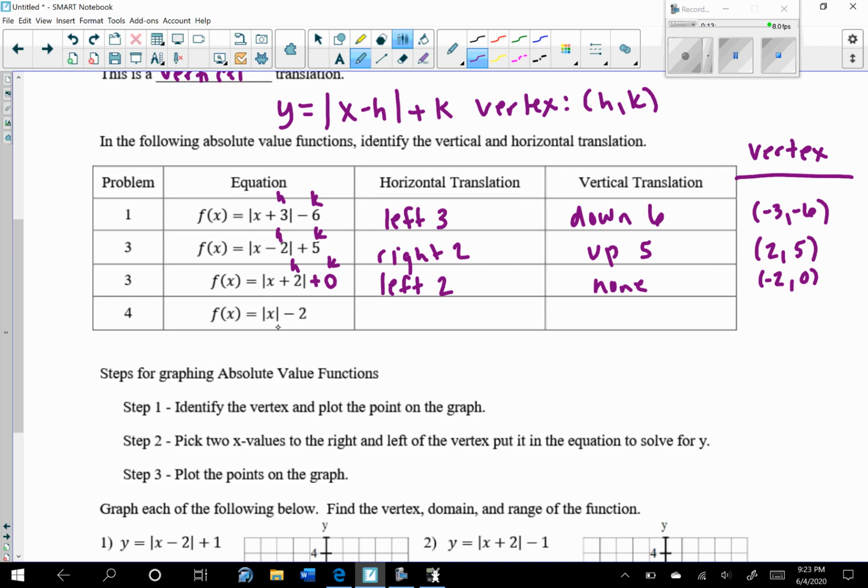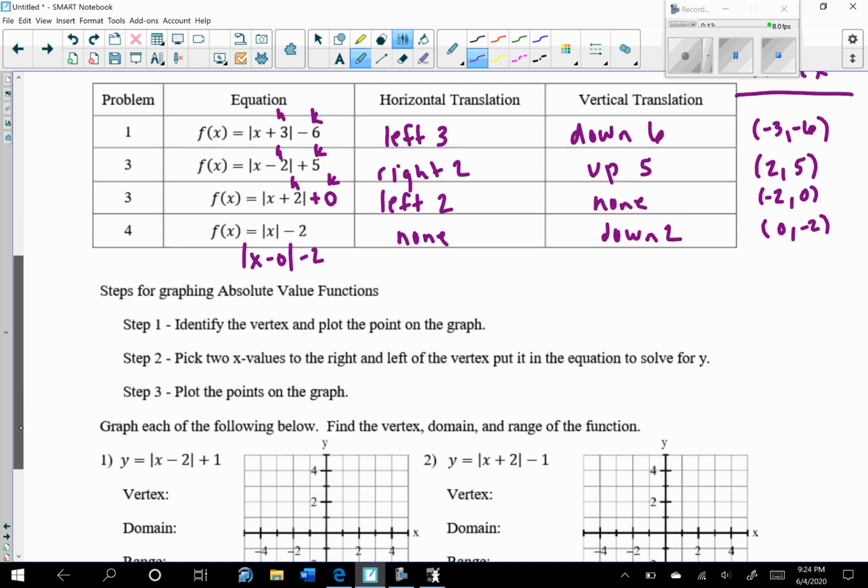And the next one, when there's nothing on the inside, this is really x minus 0, or you could say plus 0 minus 2. So the vertex for this one is at 0, negative 2. So the horizontal translation is none for this one, and this moves down 2. So always identify that vertex. That's going to help you answer those kind of questions.